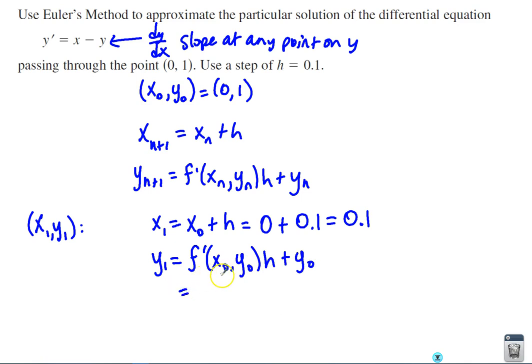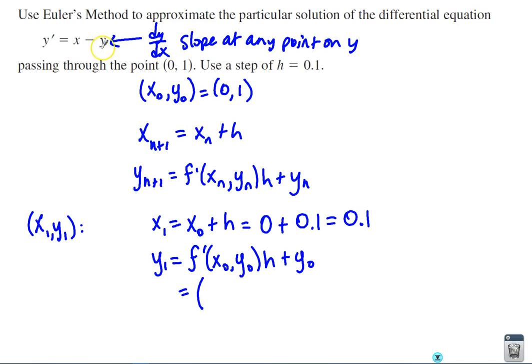Well, my slope at x naught, y naught, I have to use this process right here. My slope is where I plug in x minus y. So no matter where I'm at on my curve, the relationship of my slope is always the x value minus the y value. Always, for this particular function.